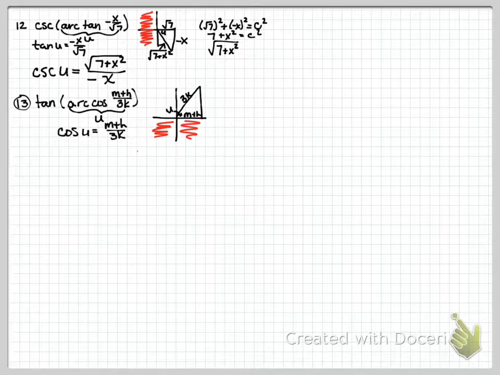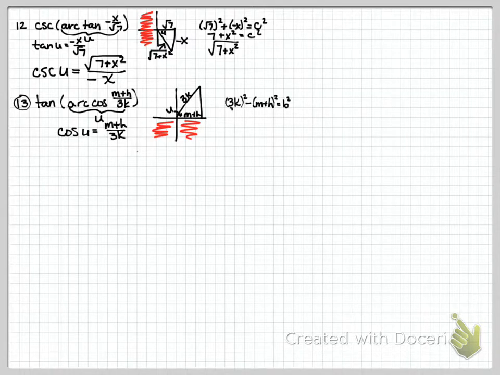So let's do our Pythagorean theorem. 3k squared minus m plus h squared. That's going to give me equals, and we can say that this is b squared if we wanted.